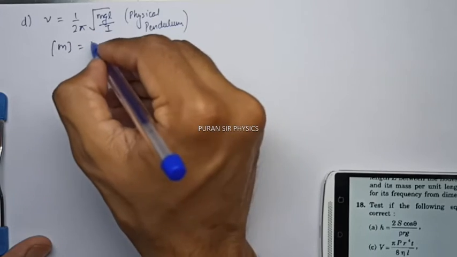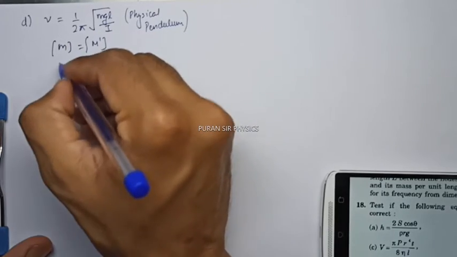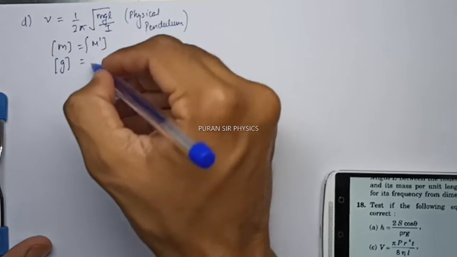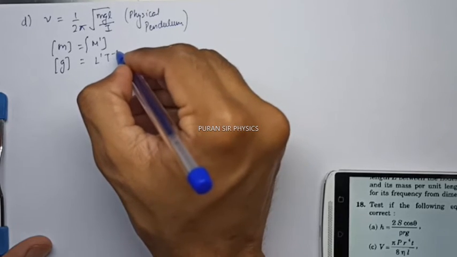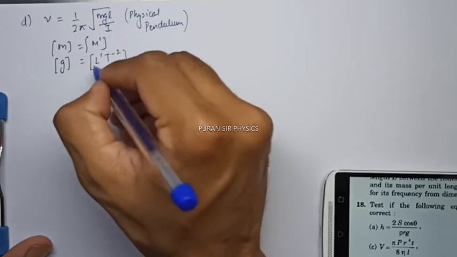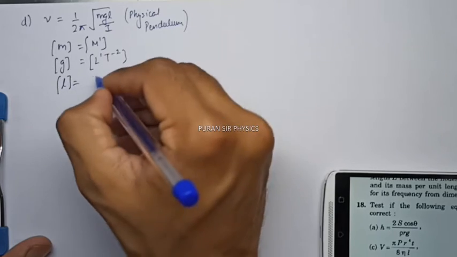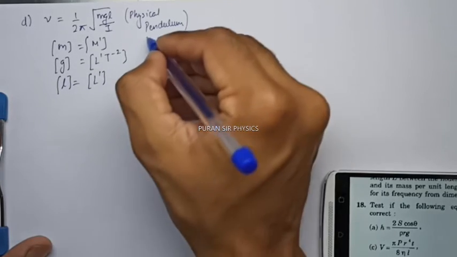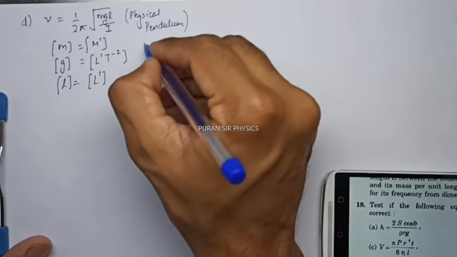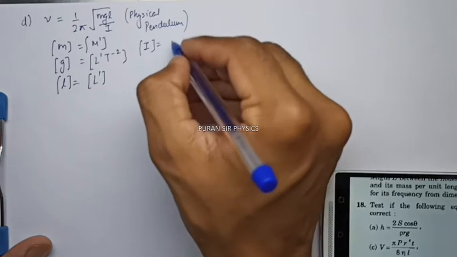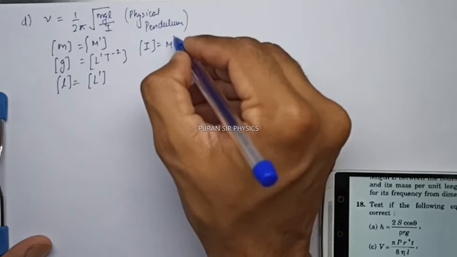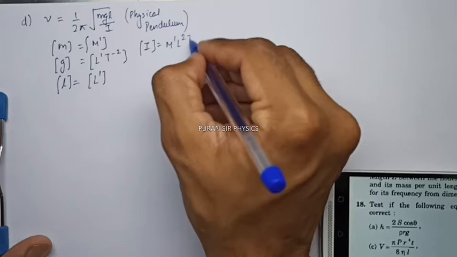So m has the dimension of mass, g is the acceleration due to gravity, and l has the dimension of length, and I is the moment of inertia, which is m raised to power 1, l raised to power 2.